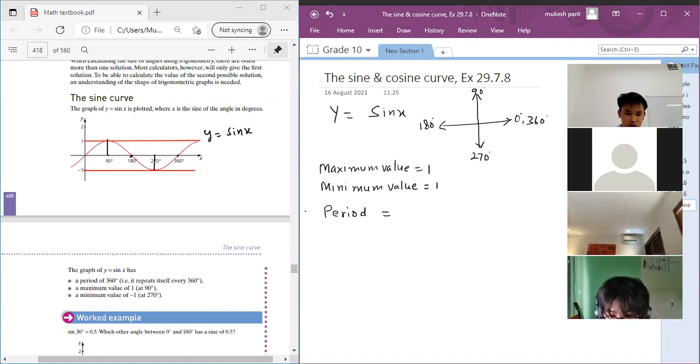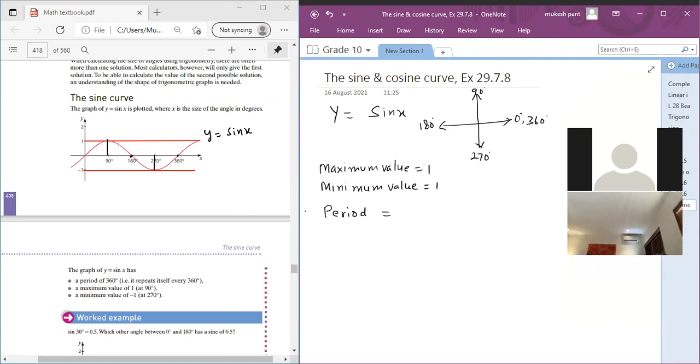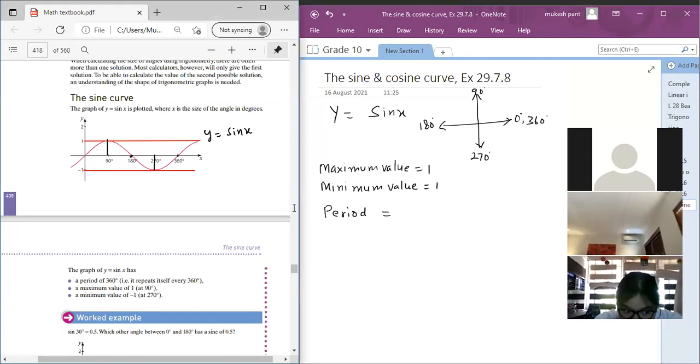So 360 is 0 again. From 360 onwards it starts to go up. So from 0 to 360, and if we look at the graph after 360, it assumes the same value as it started from 0. That's why 360 is its period. 360-degree.